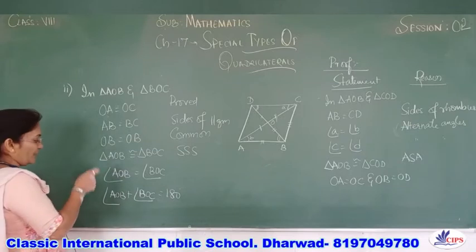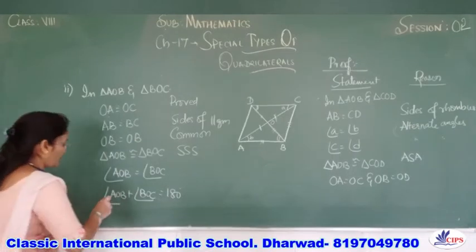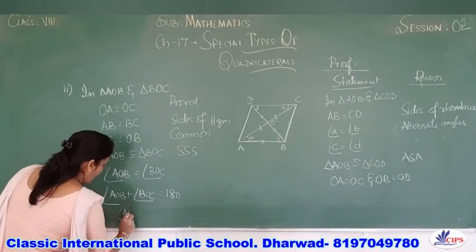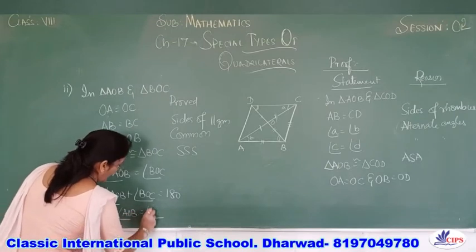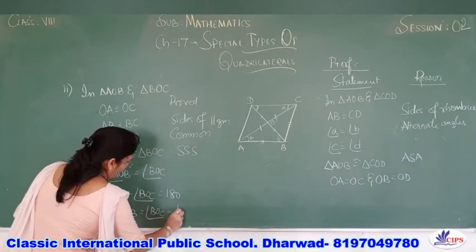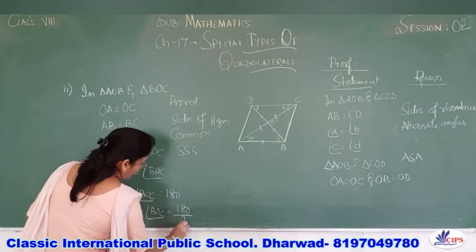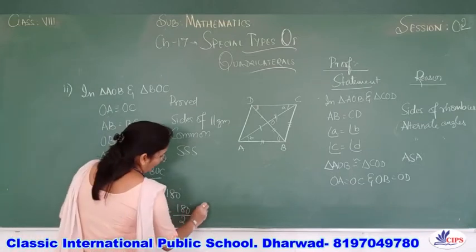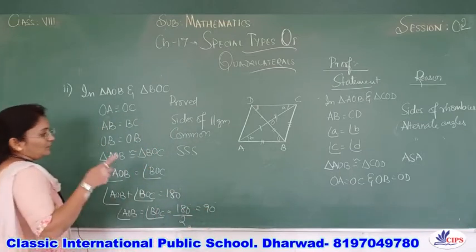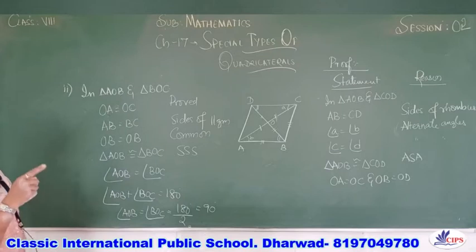So when we need to find an individual angle, what will we do? Angle AOB is equal to angle BOC is equal to 180 divided by 2. So what is 180 divided by 2? It's 90 degrees. So the diagonals meet at right angles, hence it is proved.